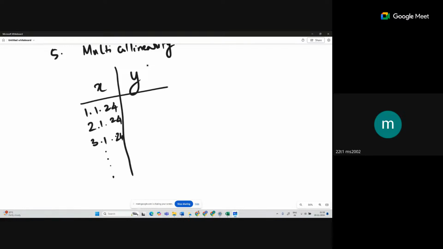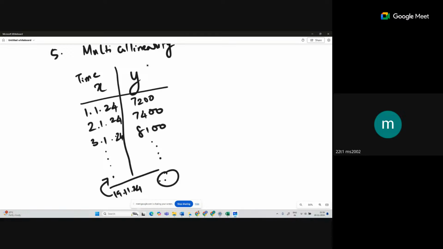This is basically time, and you have price y, let's say per gram of gold: 7,200, 7,400, 8,100, and so on. And you are somewhere in November. You are checking whether yesterday's value has an effect on today's value, right? And for this, you can use the Durbin-Watson statistic.